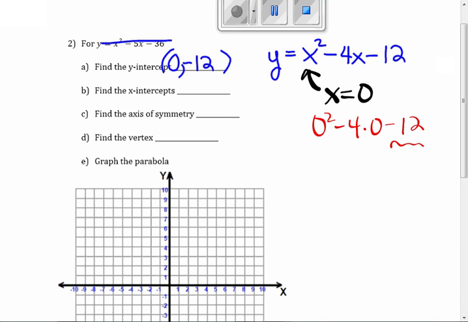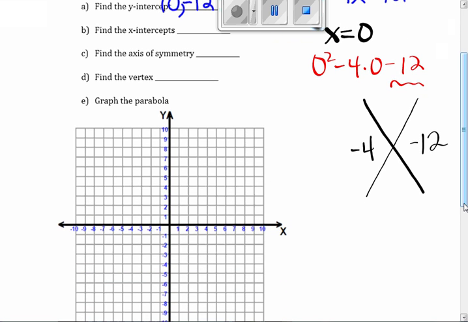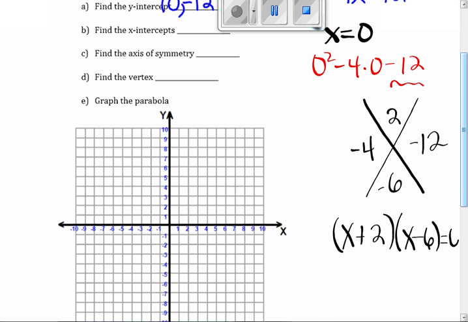How do you find the x-intercept? We have to play the x game. So this is going to be -4, and this is going to be -12. Which factors of 12 will add to give you a -4? 2 and -6. So this gives me x plus 2, x minus 6 is equal to 0.